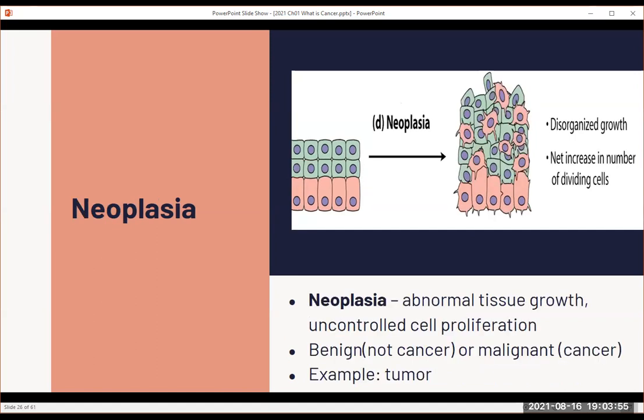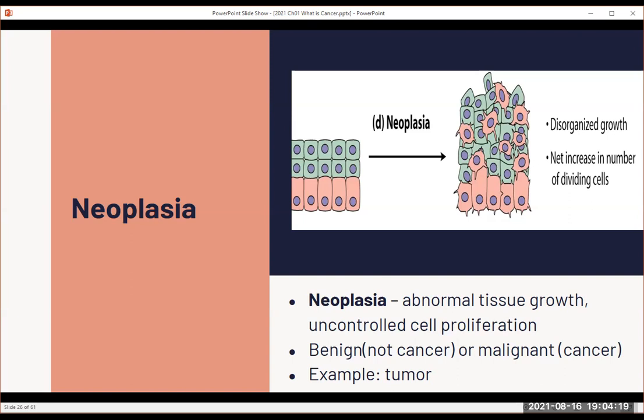The next one is neoplasia. So with neoplasia, you would see an increase in the number of dividing cells and disorganized growth. So we have both of those happening, and you can see that it's all just a mess in here, right? So it's uncontrolled abnormal tissue growth. But neoplasia could be benign or it could be malignant.